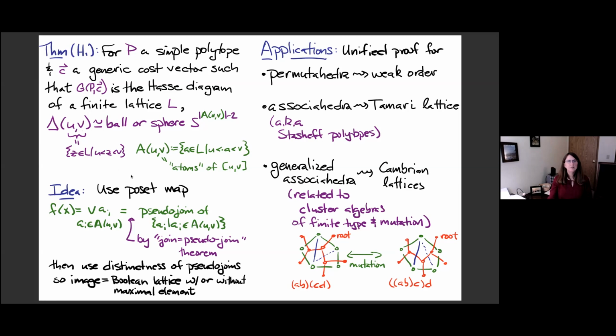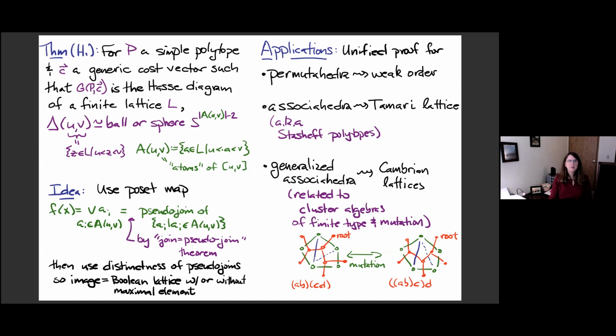And we do this by using a poset map that takes any element X of our poset. We're studying the interval from U to V right now, so take some element X in the interval from U to V, then look at all of the atoms of that interval, the things that cover U and are less than V. Take the join of those, and that's what we assign to X. By our previous theorem, that's equal to the pseudo-join of these things.